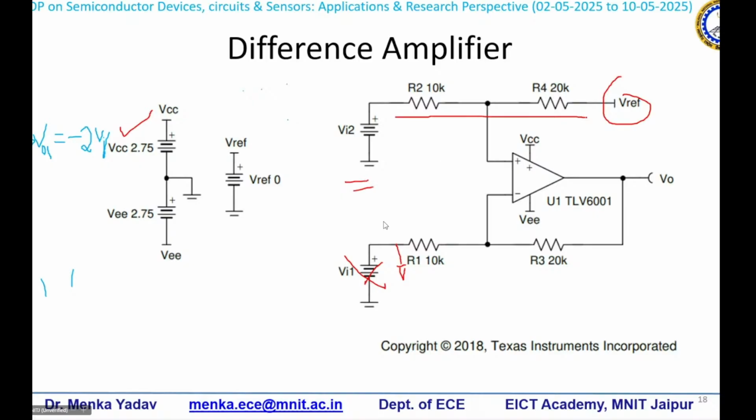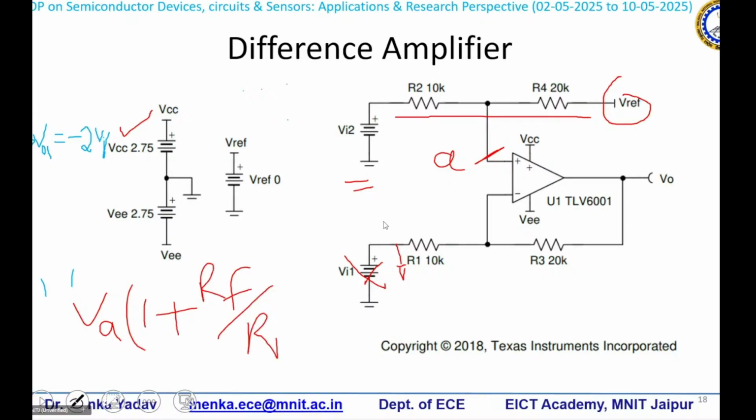What we know for the non-inverting terminal is, if this is some terminal, let's say A, then whatever VA we have, a multiple of that, 1 plus Rf upon R1, will be appearing at the output. This is what we know. With this knowledge, let us calculate how much we will be getting at the output.